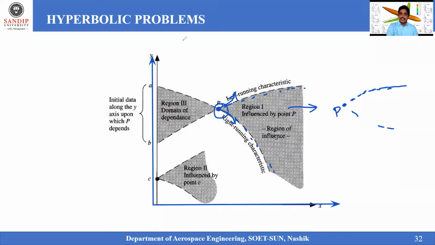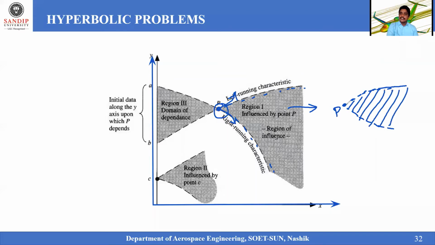If you move your point P, this region is going to get disturbed. If your point P is shifting, then this region is going to get influenced.